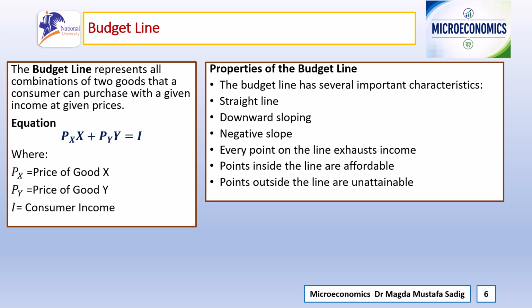Fourth, every point on the budget line represents full spending of the available income. Fifth, points inside the budget line are affordable because they require less than the available income. Finally, points outside the budget line are unattainable because the consumer does not have sufficient income.